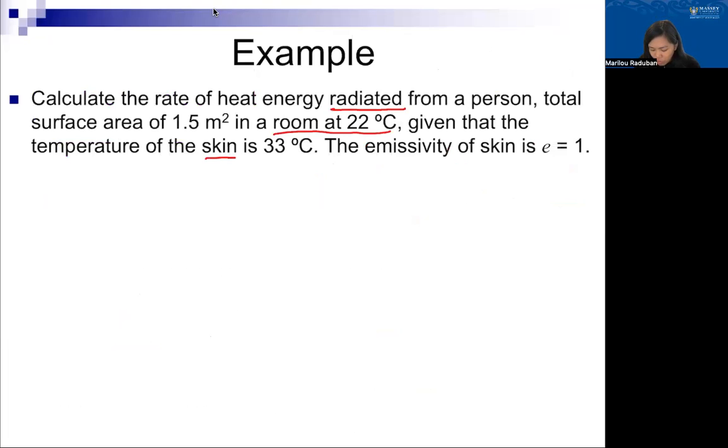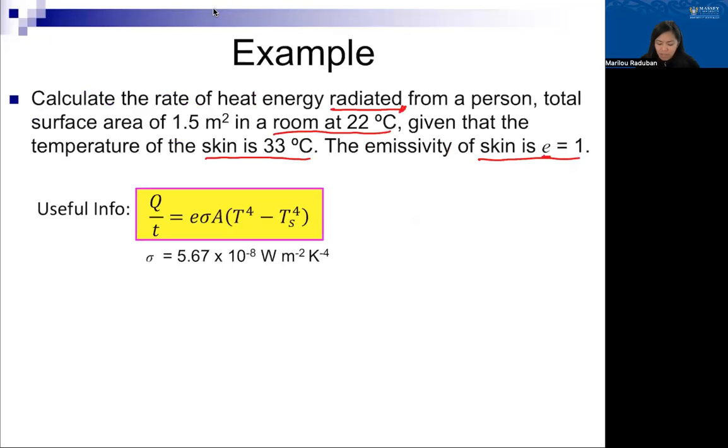The temperature of the person's skin is 33 degrees Celsius. We're given that the emissivity of skin is 1. So we were given explicitly that the heat transfer is via radiation. Another clue is that you have emissivity, so that means heat transfer is by radiation.